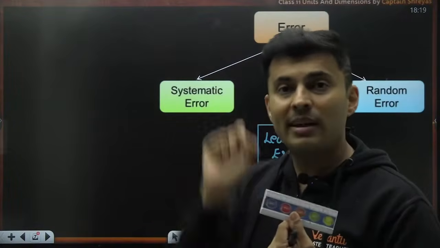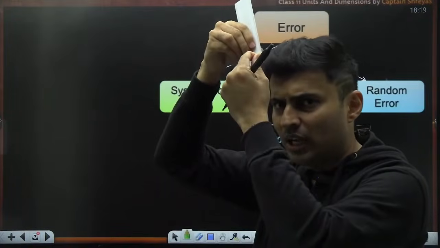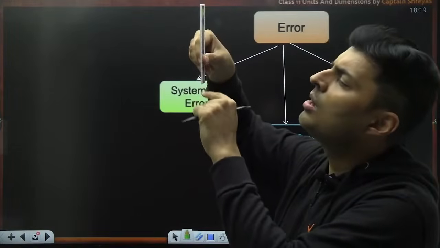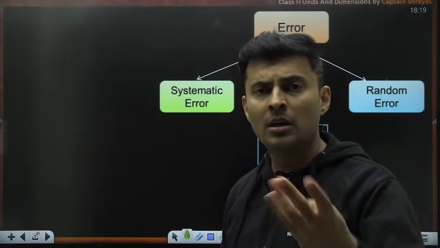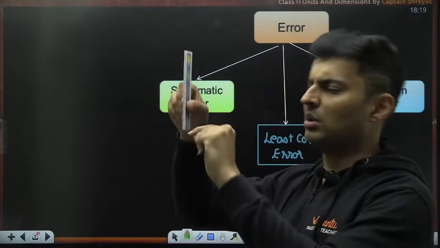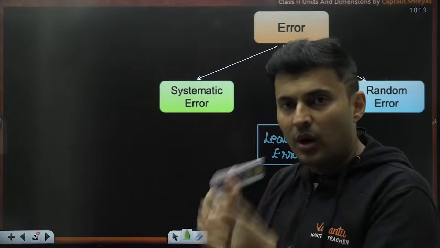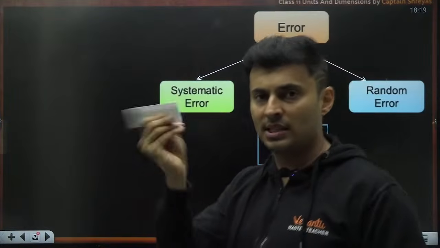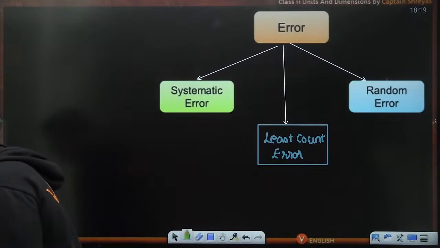So below 1 millimeter, you cannot measure using this scale. I cannot say, sir, I will measure the thickness of the hair. Sir, it is 0.007 millimeters. How did you measure, man? Oh, sir, my guess, because my eyesight is very good. You can't. The least possible measurement you can do using this scale is only 1 millimeter. You can't go beyond that. Is that right?